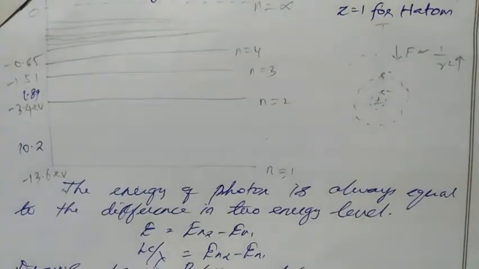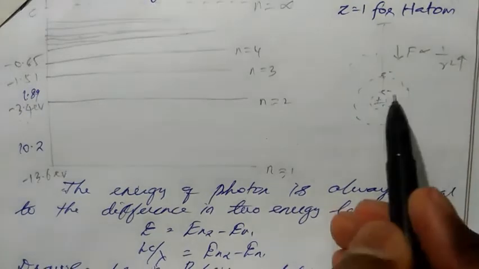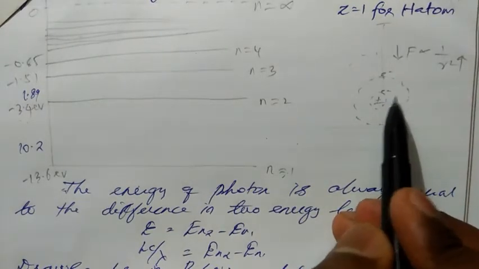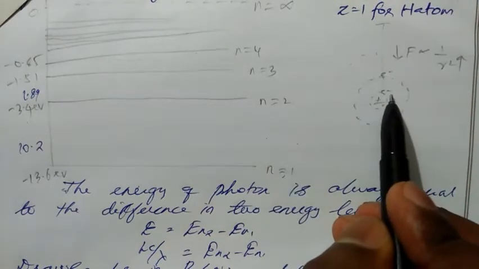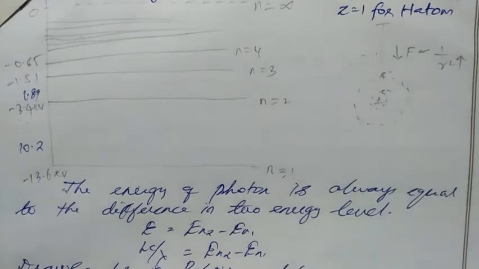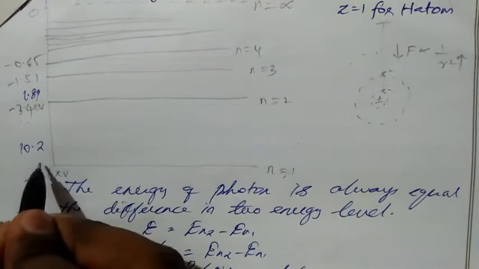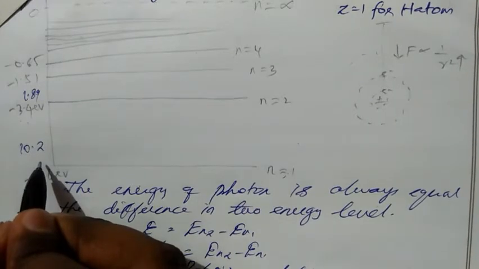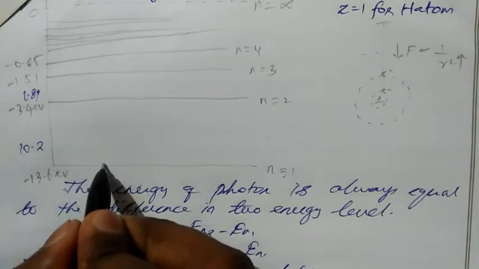Here is one important thing you have to notice. While an electron moves from one level to another level, it emits some energy. By absorbing the same amount of energy, it comes again from the lower level to the higher level. For example, by absorbing 10.2 of energy it moves from the first orbital to the second orbital.